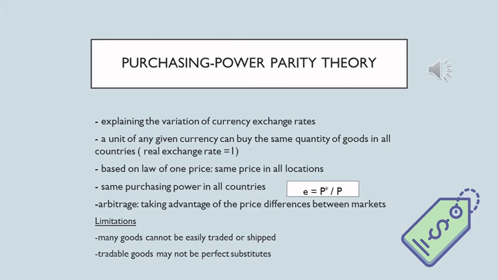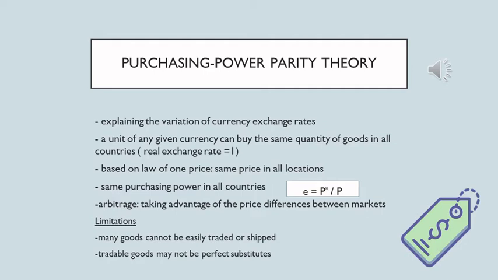The purchasing power parity theory explains the variation of currency exchange rates. Purchasing power parity is a theory of exchange rates whereby a unit of any given currency should be able to buy the same quantity of goods in all countries.